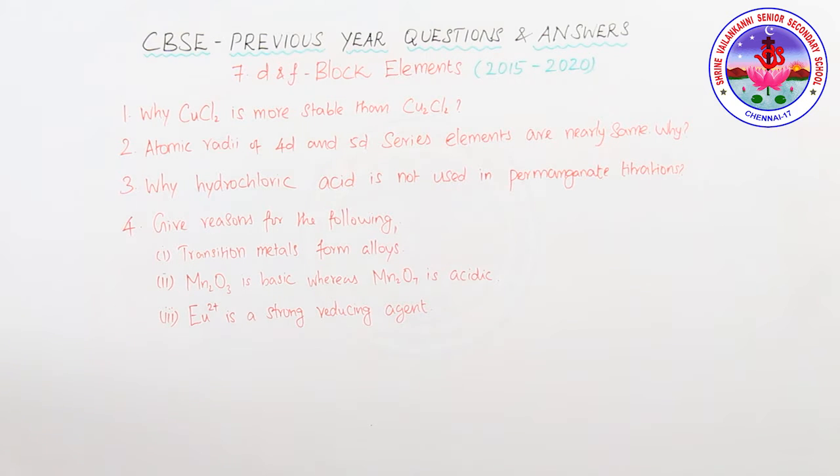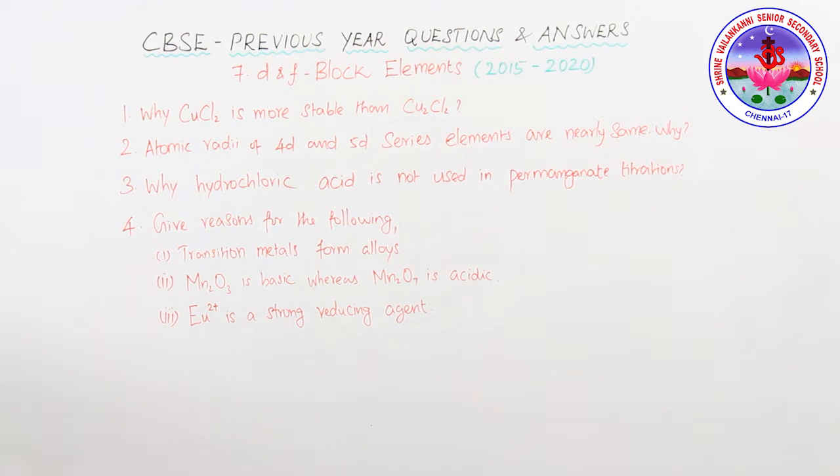Then, why is hydrochloric acid not used in the permanganate titration? We already saw the titration; usually we use 4 normal sulfuric acid. Why do we not use hydrochloric acid? Here permanganate means KMnO4.